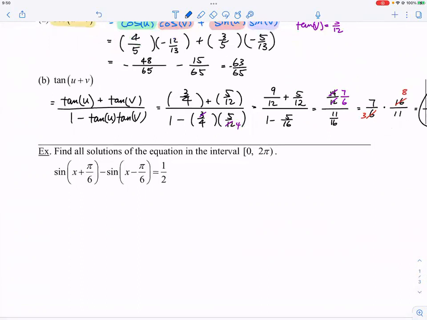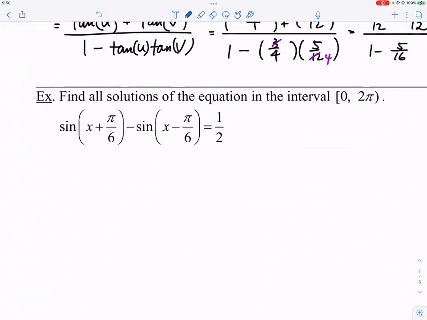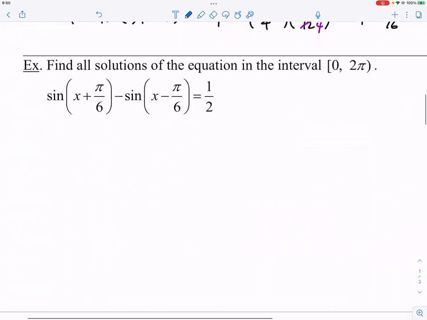And if you go back to the previous page, okay, for this one, let's see how things go here. So you have a sum of angles, okay?